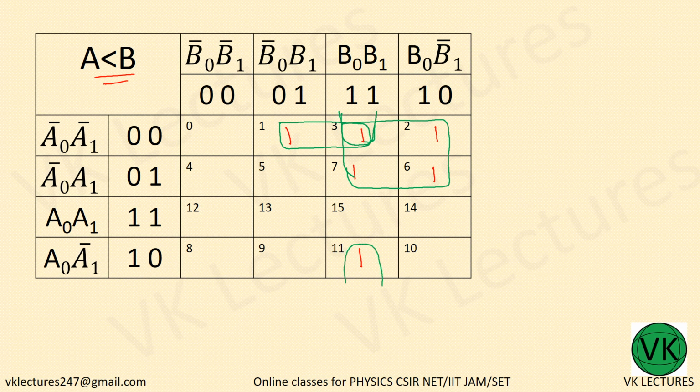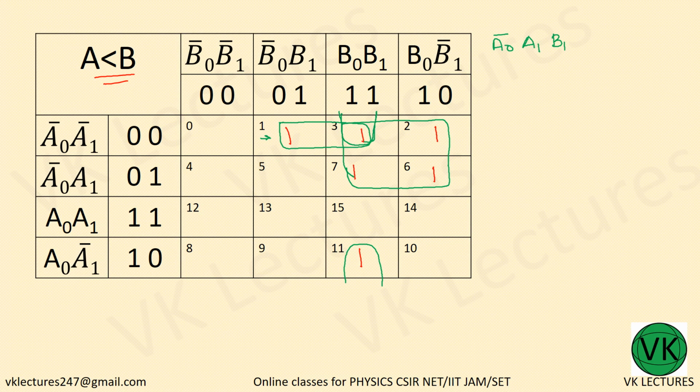So finally what does it give? Let us start with the first pair. It gives b0 bar b1, b0 b1, so b0 will go, b1 will remain. Here a0 bar a1 will remain, so a0 bar a1 and b1, that is what the first pair gives.